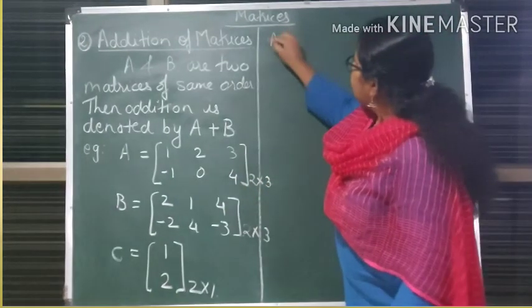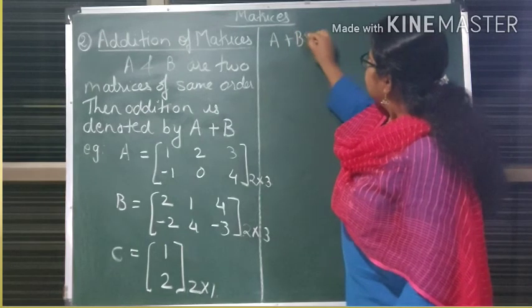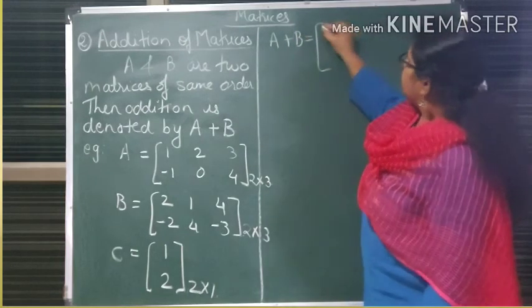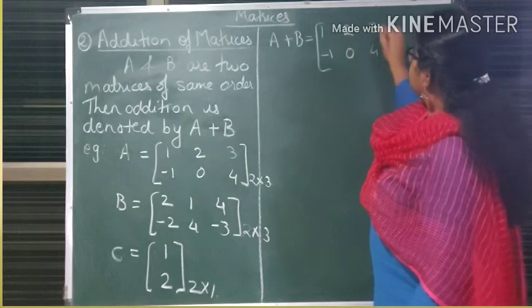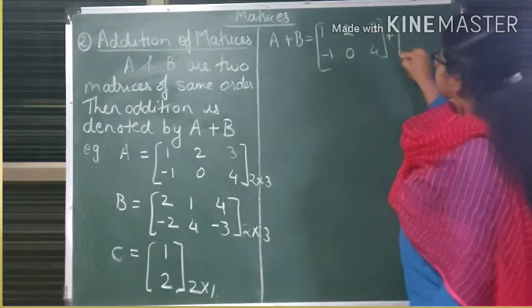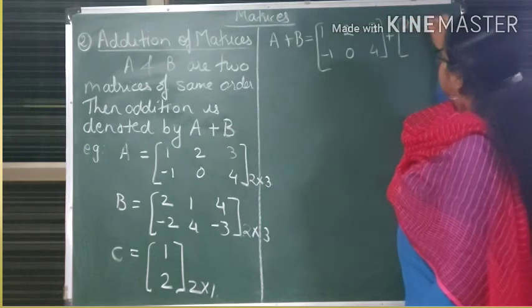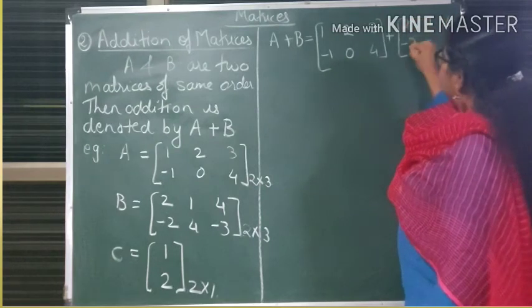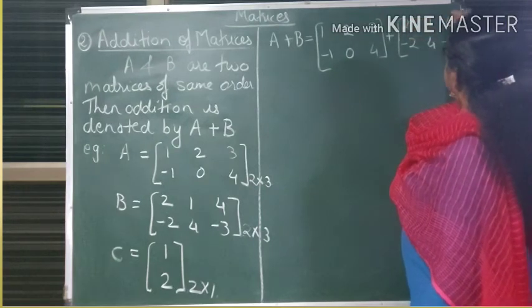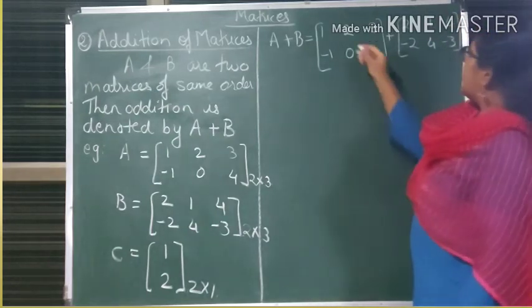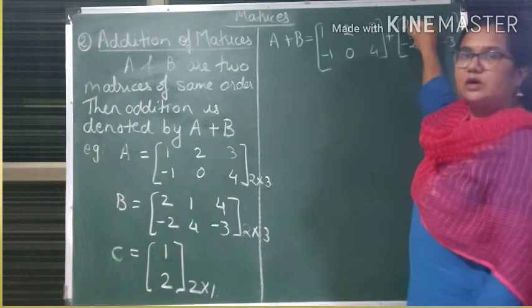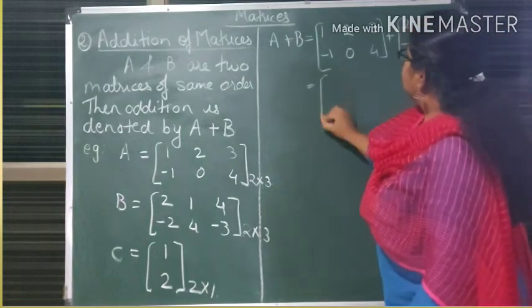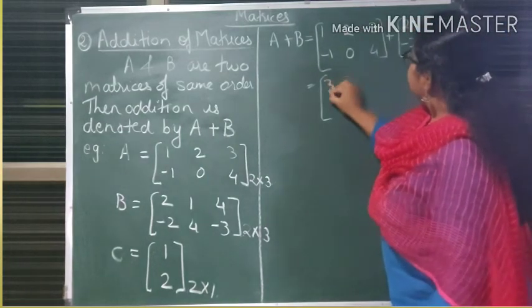So how do we add? A plus B is equal to, write the two matrices, 1, 2, 3, minus 1, 0, 4 plus 2, 1, 4, minus 2, 4, minus 3. Yes, adding corresponding elements. So, A11 element will get added to B11. So, it is equal to 1 plus 2 is 3.